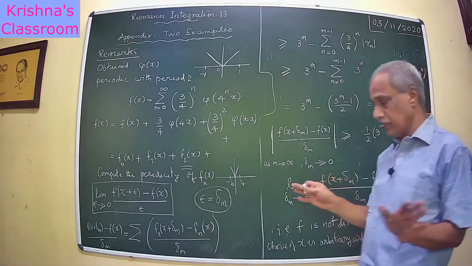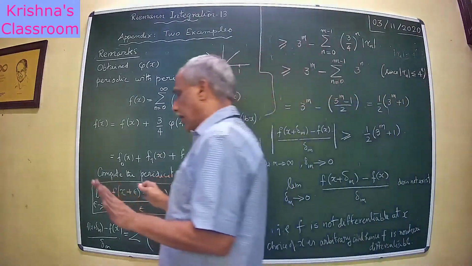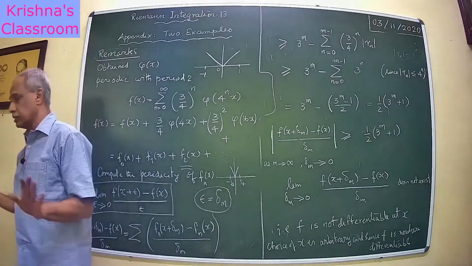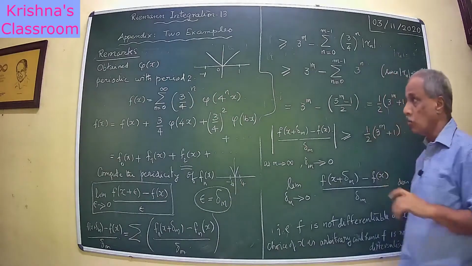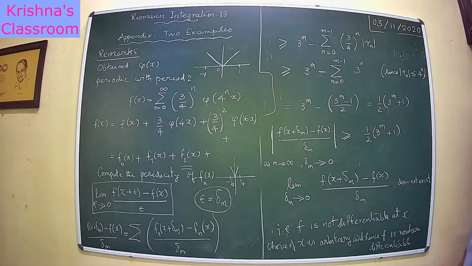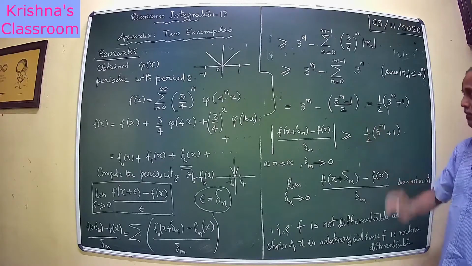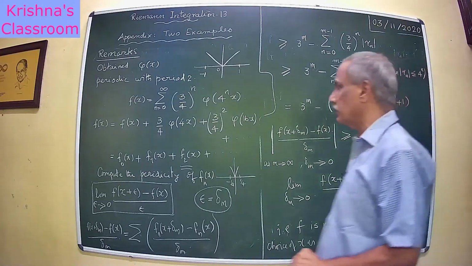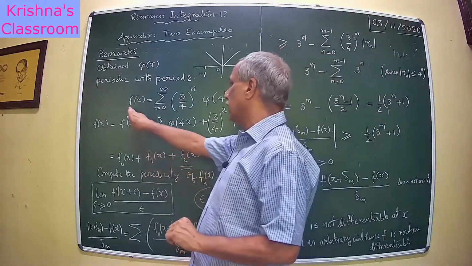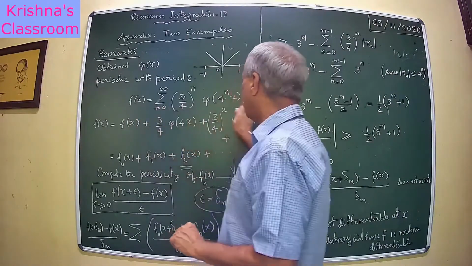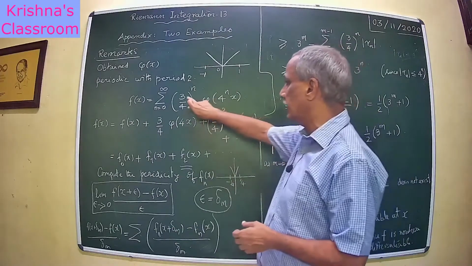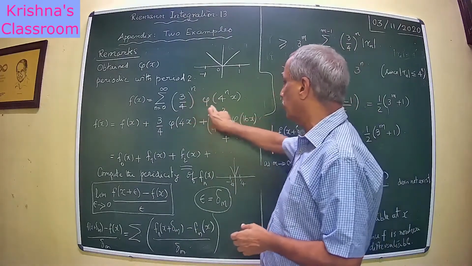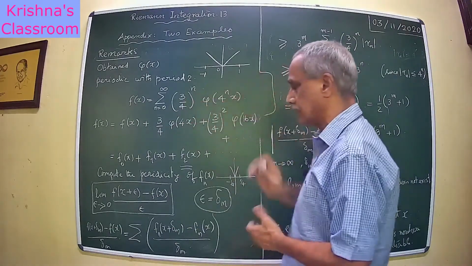So with the requirement that phi(x) = phi(x + 2), the function was extended to the whole of R. Having got that function on the whole of R, the next step is to define a new function f(x) in the form of an infinite series, which is defined here. It's the sum of (3/4)^n phi(4^n x).